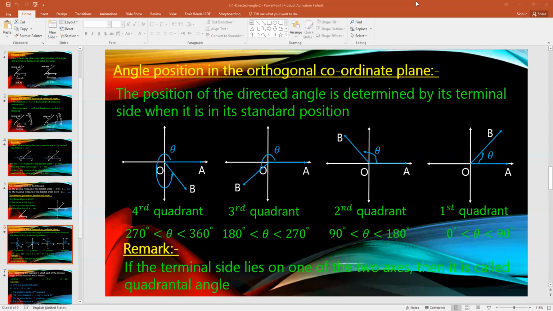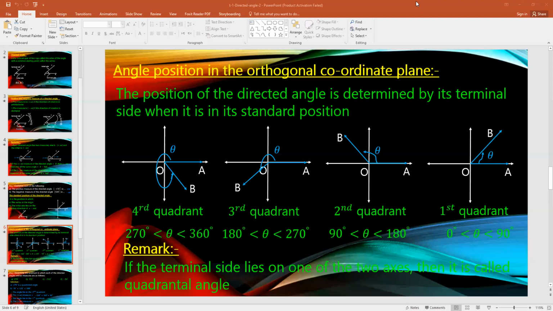If the terminal side lies on one of the two axes, the x-axis or the y-axis, the angle is called a quadrantal angle. If the measure of the angle is 90, it is quadrantal. If the measure equals 180, also quadrantal.